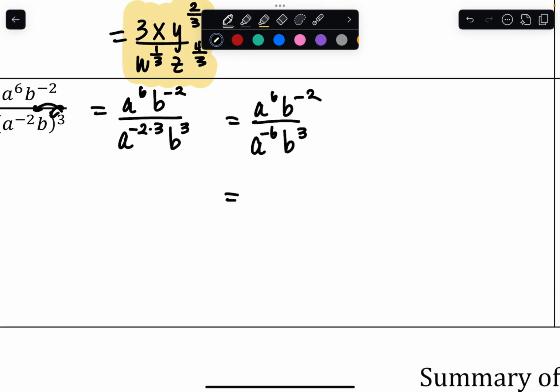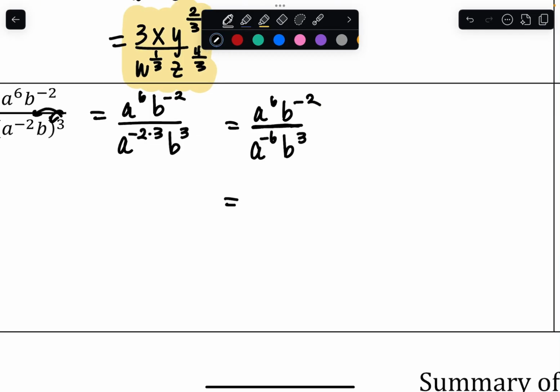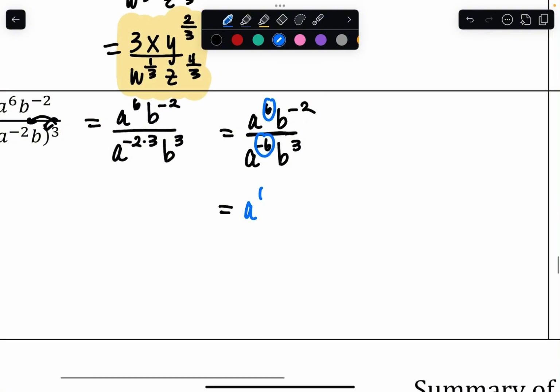Now that we have a division bar here, that's where we use the rule of subtraction. So for the a's, we're going to do 6 minus negative 6. Okay, and then for the b's, we're going to do negative 2 minus 3.